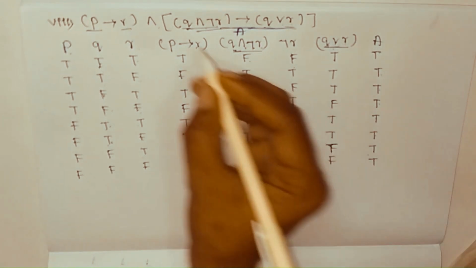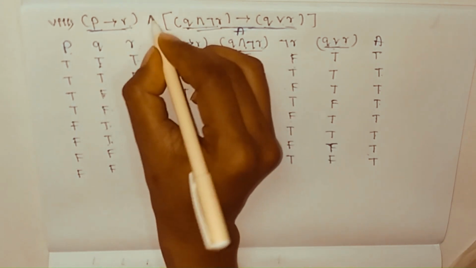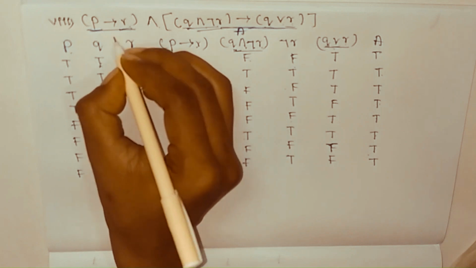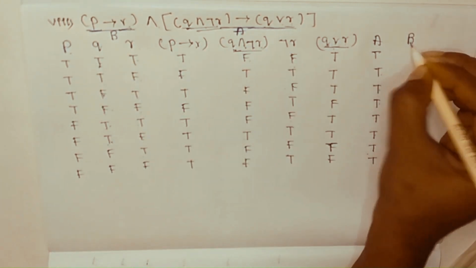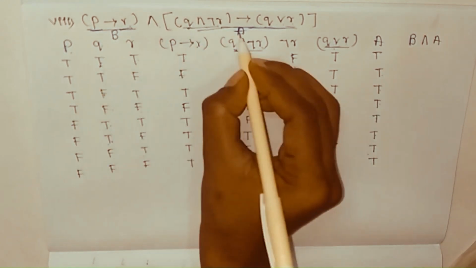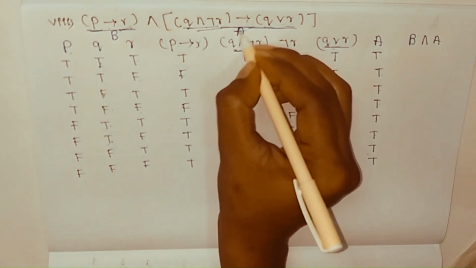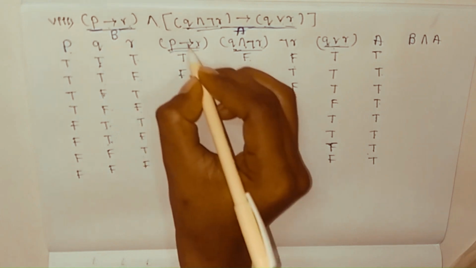And now we are applying the AND operation to P implies R and this A. Now let us represent this whole thing as B for our convenience. B and A. We are applying the AND operation to this B and this whole A. B is nothing but this, right?